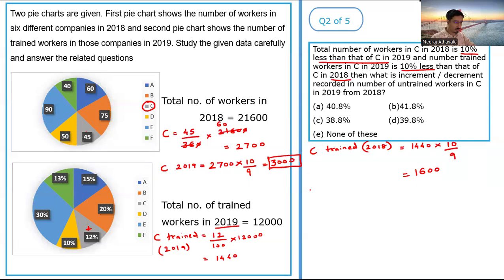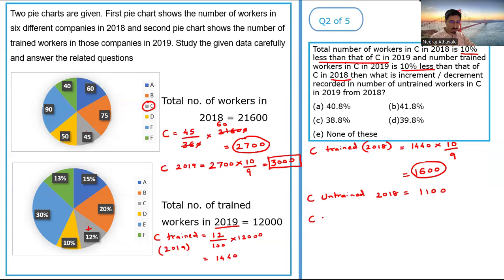So number of untrained workers. Okay. So C untrained in 2018. Now the total workers are 2700, 1600 are trained. That means untrained in 2018 was 1100.